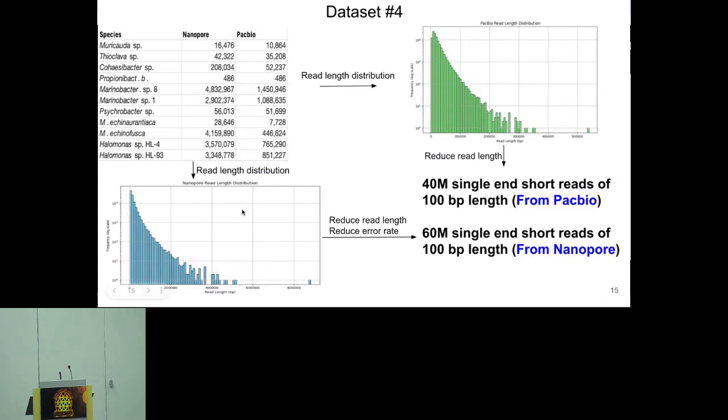And for Nanopore, we first map those reads to the original species, and then we reduce the error rate and also the read length. Ultimately, using PacBio reads, we were able to generate approximately 40 million single-end short reads of 100 base pair length, and from Nanopore we were able to generate 60 million single-end short reads.